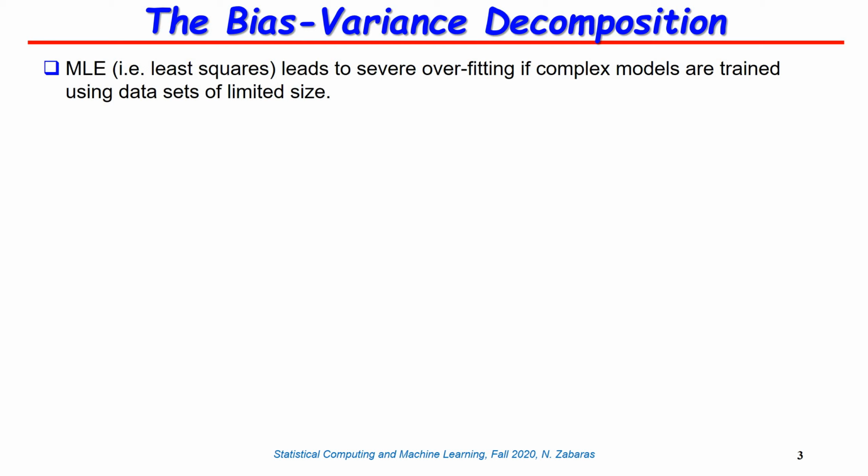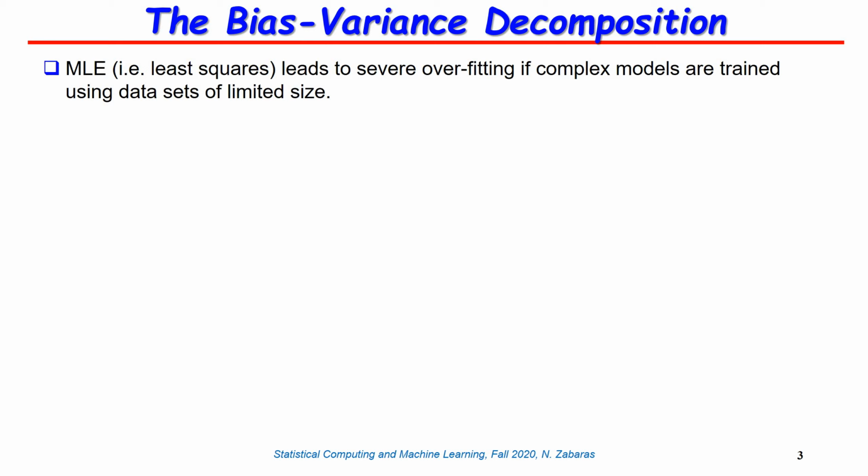Okay. So let me start with where we stopped in the last few lectures. We noticed that when we have regression models that have many more parameters than data, then we overfit. So in the notation of the earlier lectures, if m is much bigger than n, where m is the number of our basis functions or the number of the regression coefficients, and n is the number of data points, we overfit.